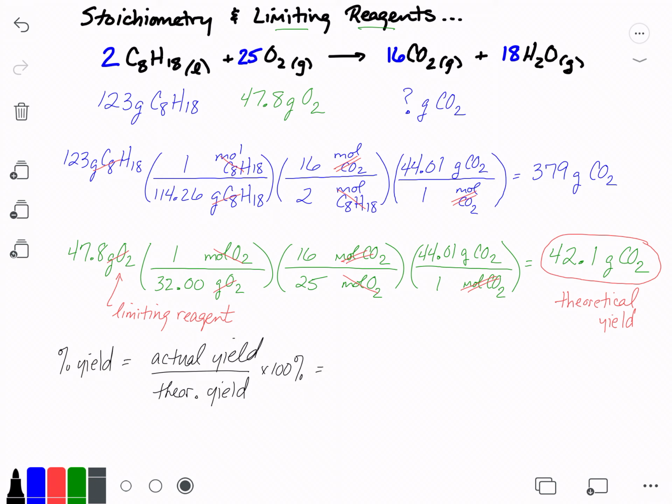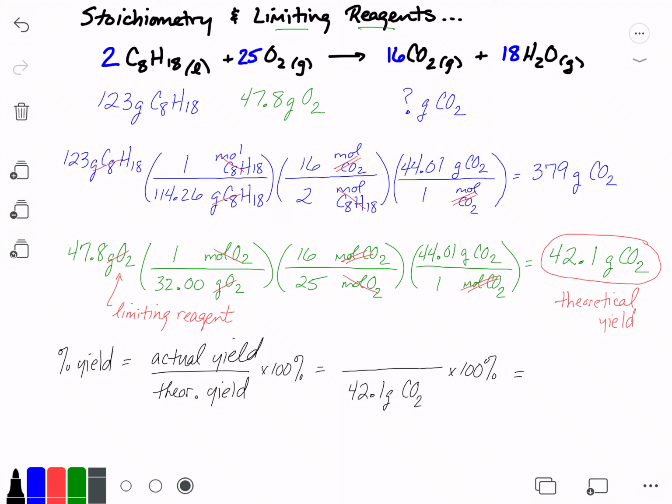So in this case, the theoretical yield is that 42.1 grams of CO2 that I calculated a moment ago. The actual yield would be one that I had to actually measure. I have to actually do the reaction in a container and measure how much product I get. And so whatever problem you're doing would give you that number.